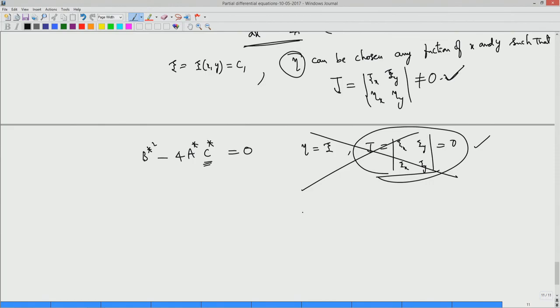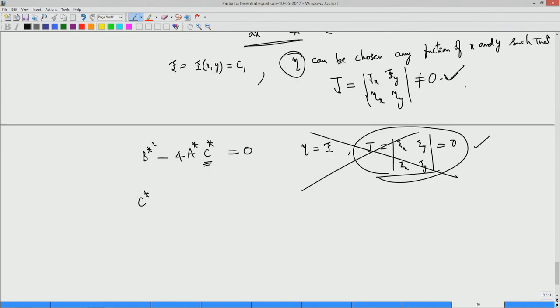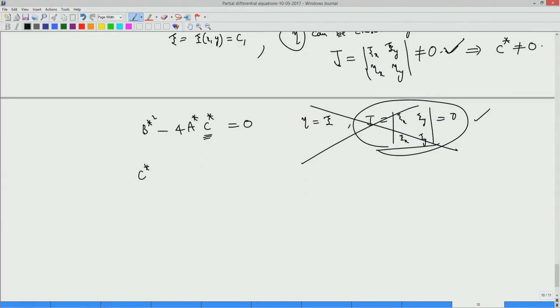So if you choose A star equal to 0, the moment you say that eta is chosen in such a way that the Jacobian is non-zero, immediately tells you that C star is non-zero. Okay, so C star is non-zero and A star is 0 implies B star square equal to 0. That implies B star equal to 0.